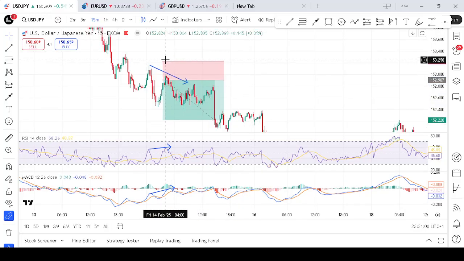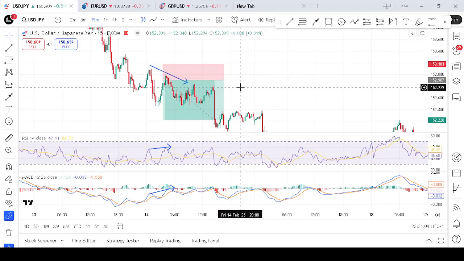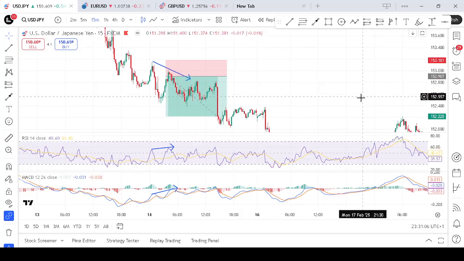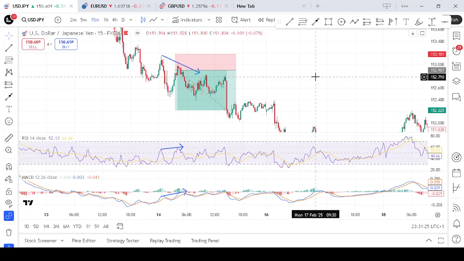We put it in a place where even if price reverses against us, we have enough buffer to safeguard our trade and give our trade breathing room. The level is logical because if price breaks above this point, it invalidates the bearish hidden divergence pattern entirely. Remember, proper risk management determines your long-term survival in the market.